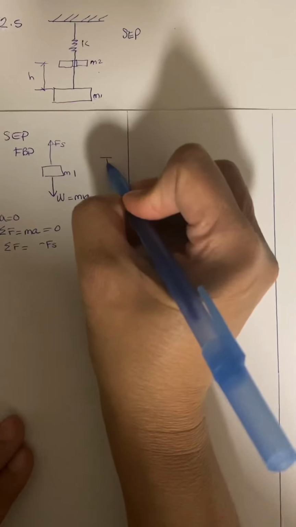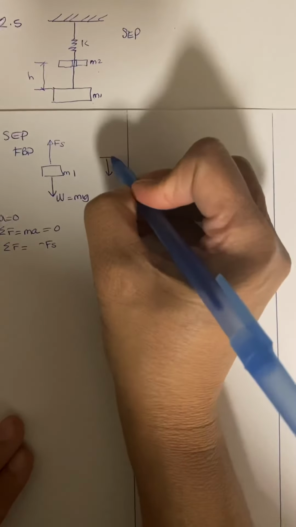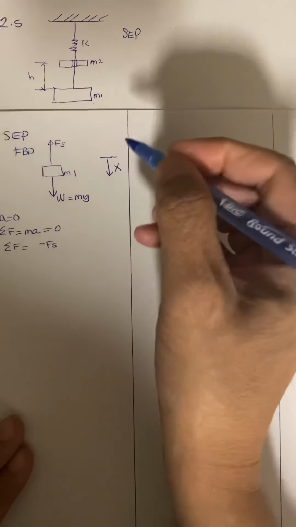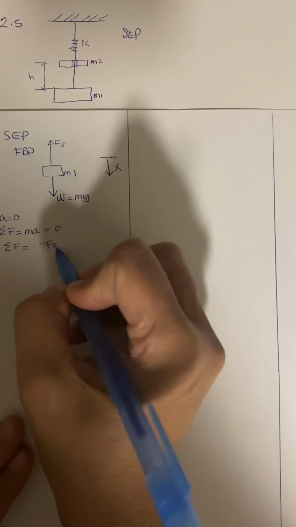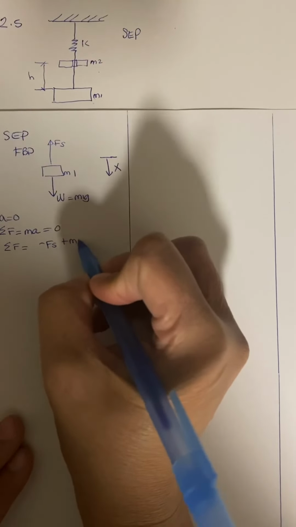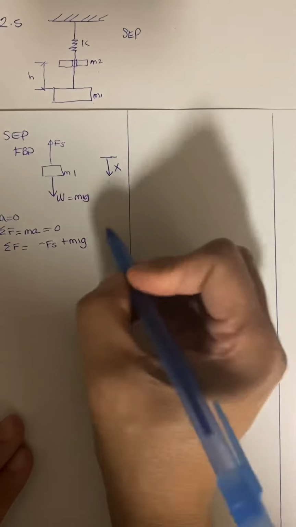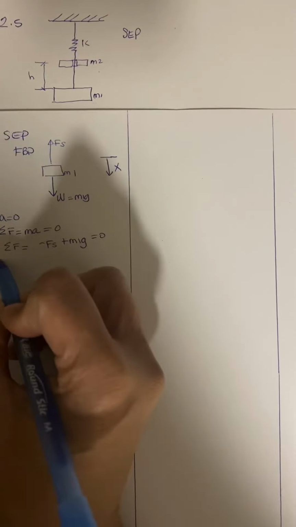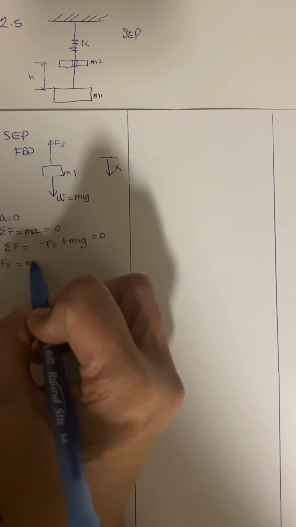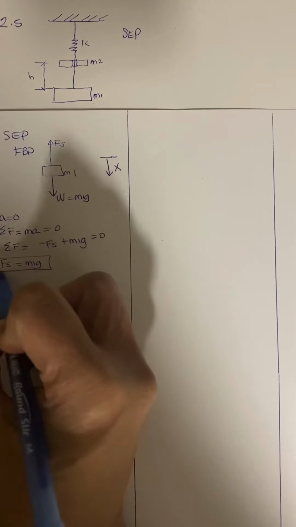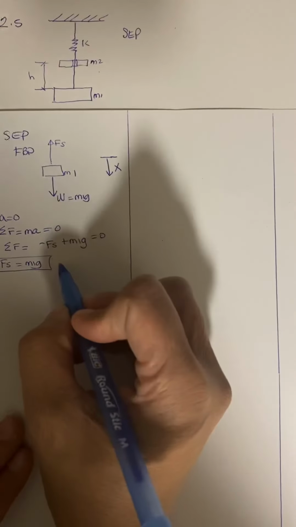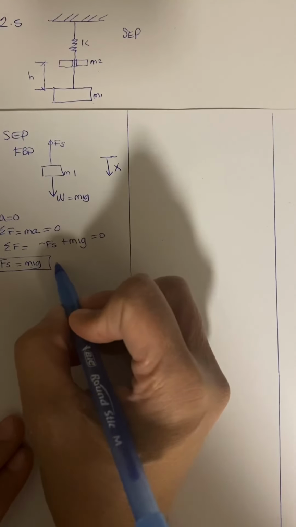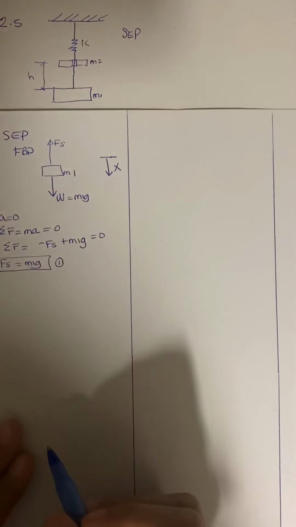Let's say the direction of movement is positive downward. So minus Fs plus m1g is equal to 0. And from here we can see that Fs is equal to m1g. So these forces are equal, therefore there's no movement. Let's say this is equation 1.